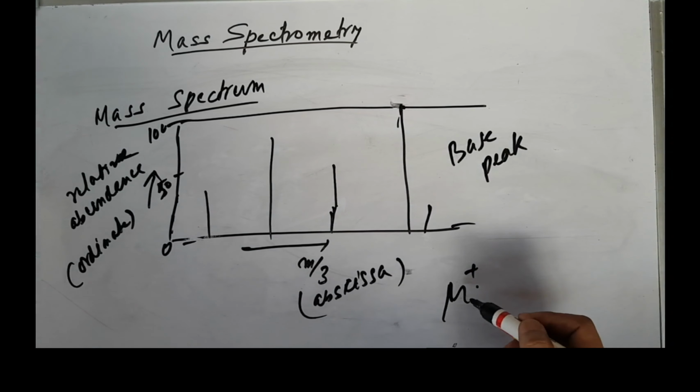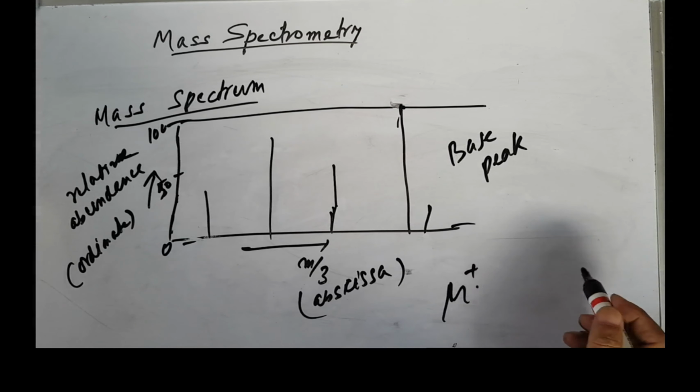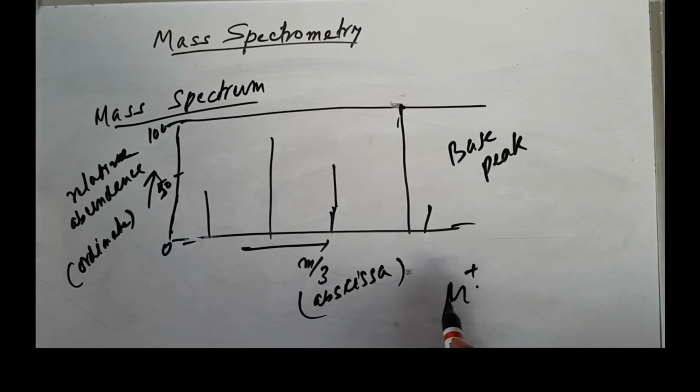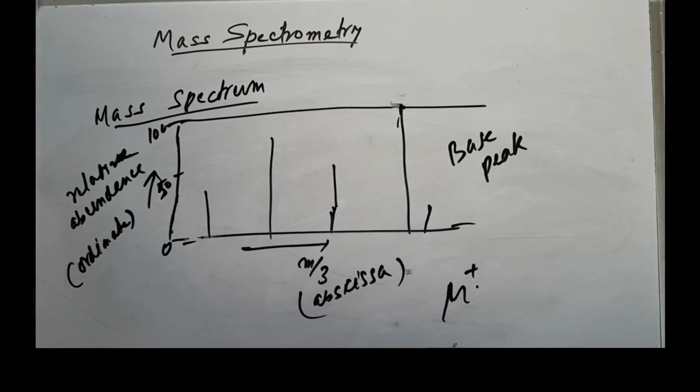The m/z values are along the abscissa and the relative abundance is along the ordinate.